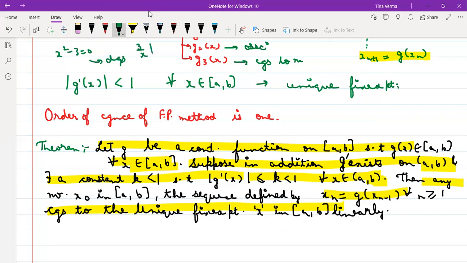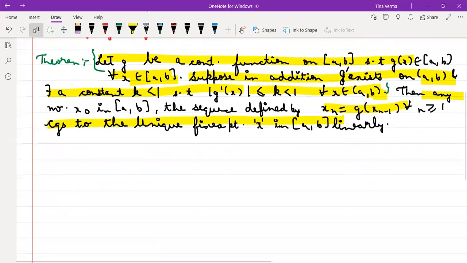And the same 3/x जो मैंने बनाया था, this function, I have taken g1(x), g2(x) मैंने लिया था, वो ये कंडीशंस को फॉलो नहीं कर रहा था इसीलिए ये मेथड दोनों ही मेरे g(x) not converging towards the root. जो मैंने लास्ट फंक्शन लिया था g(x) that I have considered 1/x of something, that was converging because that was following this condition. क्योंकि आपकी वो कंडीशन फॉलो कर रहा था इसीलिए वो आपके फिक्स्ड पॉइंट को कन्वर्ज कर रहा था. So that you have considered कि जो आपकी सीक्वेंस बनेगी, that will be your convergent.